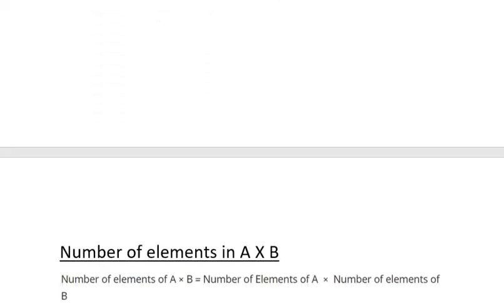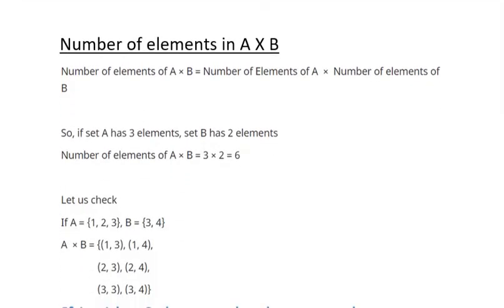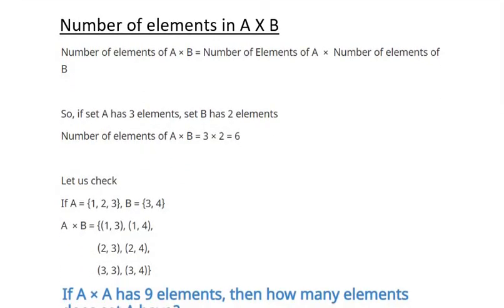Now, the number of elements in A cross B. Try to recall that earlier we found A cross B. In A we had 1, 2, 3. In B we have 3 and 4. And the number of elements in A cross B is 6.